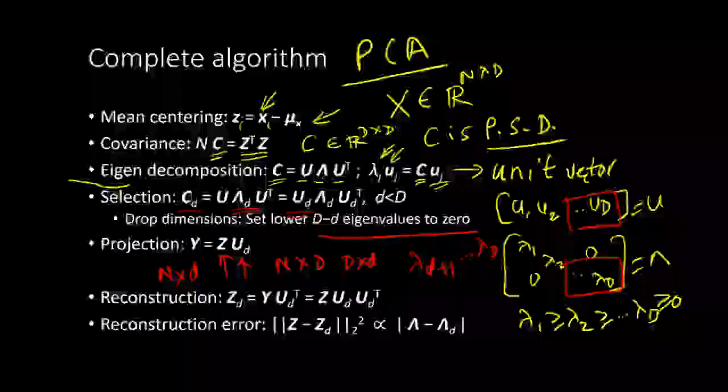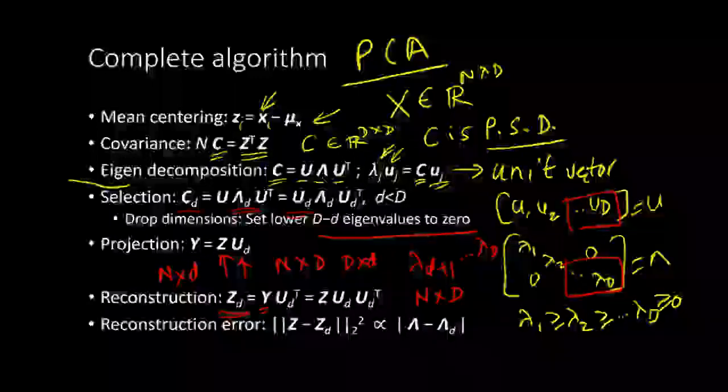And the reconstruction error can be the Frobenius norm of the original data matrix minus the reconstructed data matrix, and it is related to lambda minus lambda d.